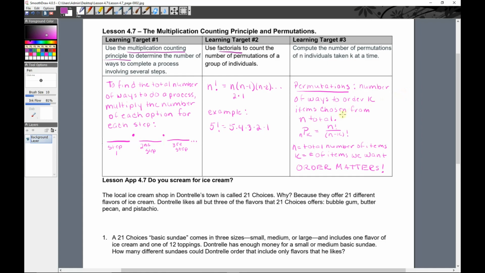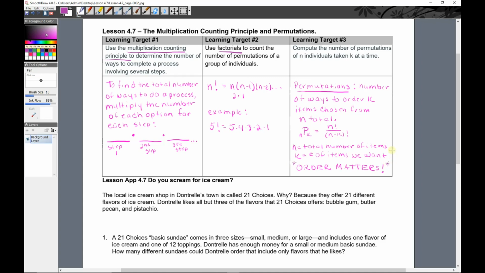There is the notation for it. Here's the formula, although we found that it was pretty easy just to go ahead and write them out using common sense. So n is the total number of items and k is the number of items that we want. And remember, order matters.